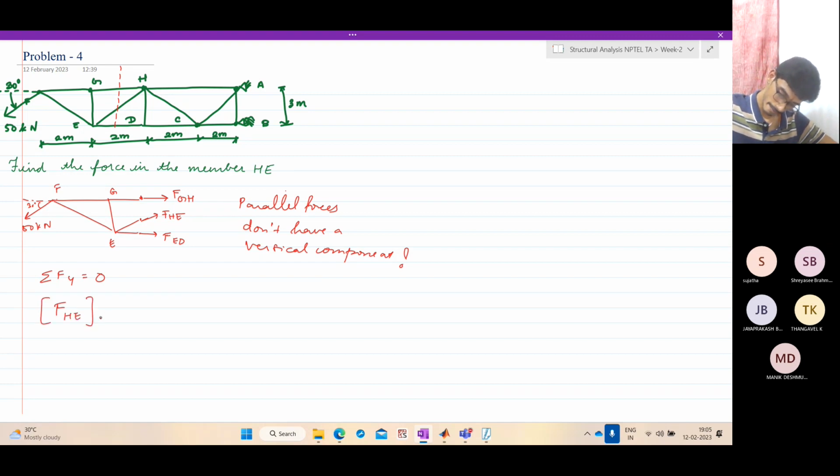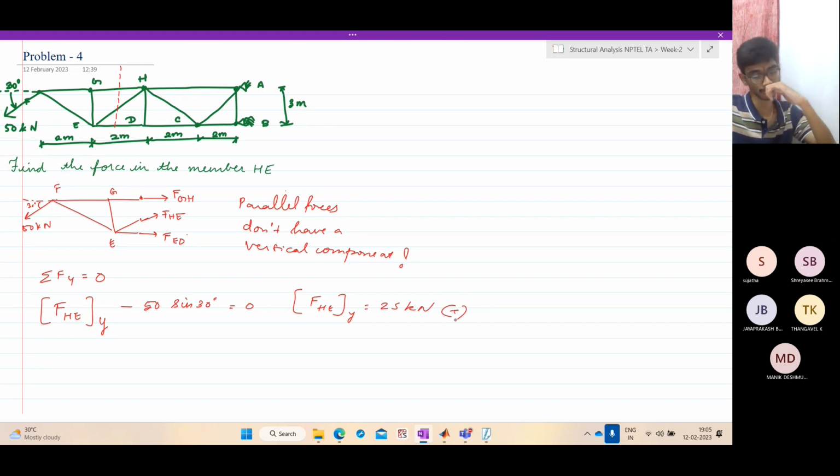FHEY minus 50 sine 30, FGH and FED have no vertical components, is equal to 0. So FHEY is equal to 25, tensile.